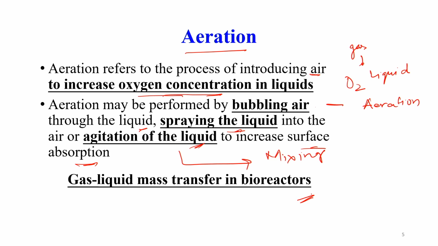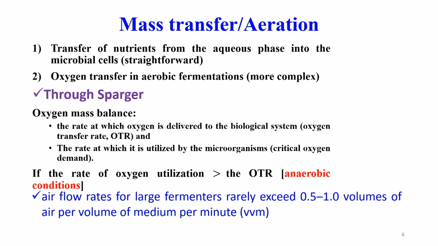So, this is the gas liquid mass transfer in the bioreactor. As we are saying, this is mass transfer, so there should be transfer of nutrients from the aqueous phase into the microbial phase. And what other transfer is required?